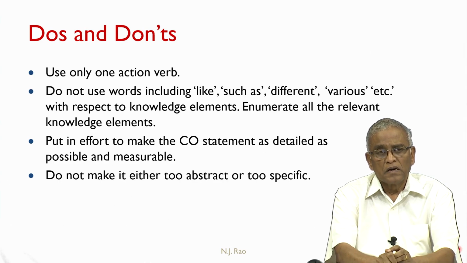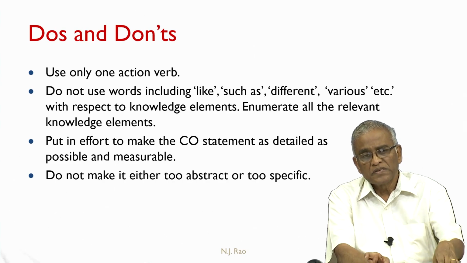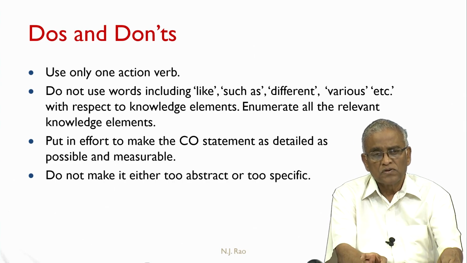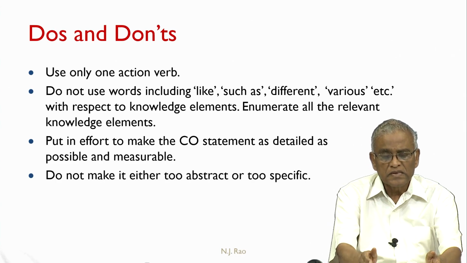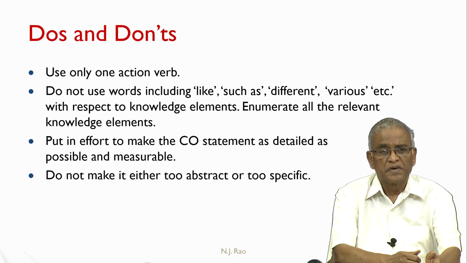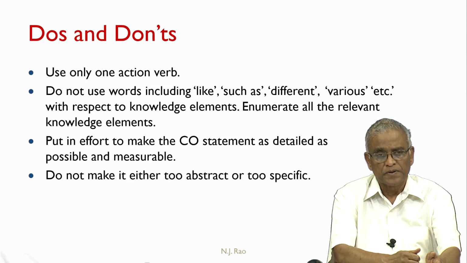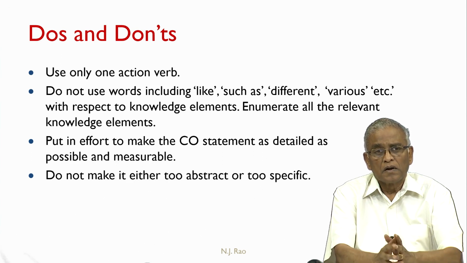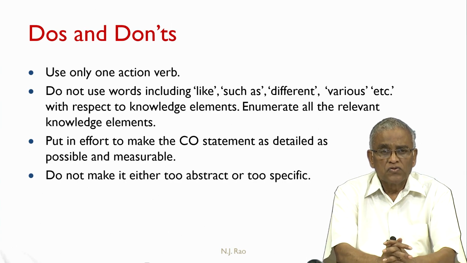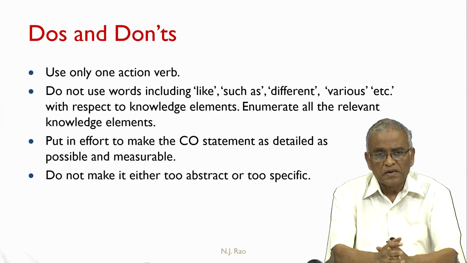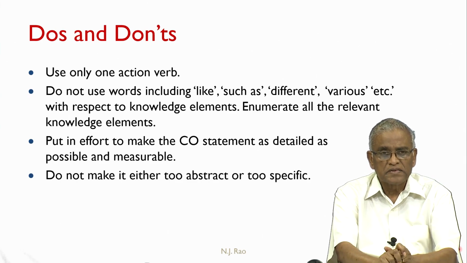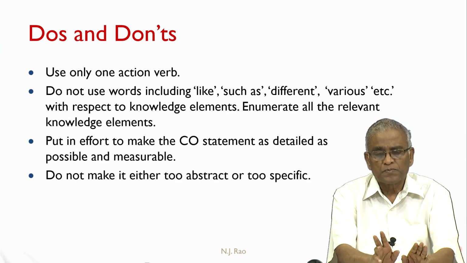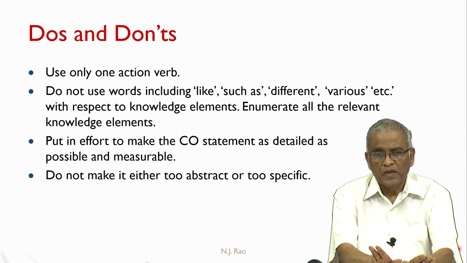And we have already stated, you assume the common stem, at the end of the course, the student should be able to, you write that, and then start your statement of the course outcome with an action verb. And you should not use words like such as, different, various, etc. with respect to knowledge elements.